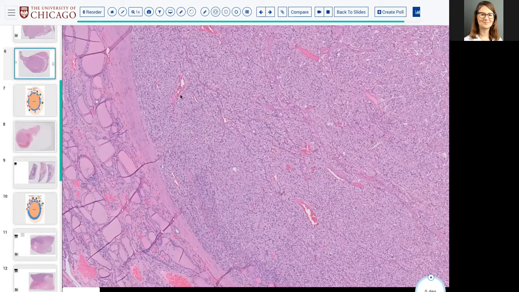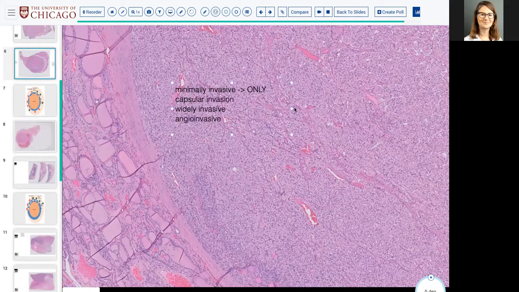Would you regard this as minimally invasive, widely invasive, angioinvasive? Minimally invasive. So minimally invasive should have only capsular invasion.